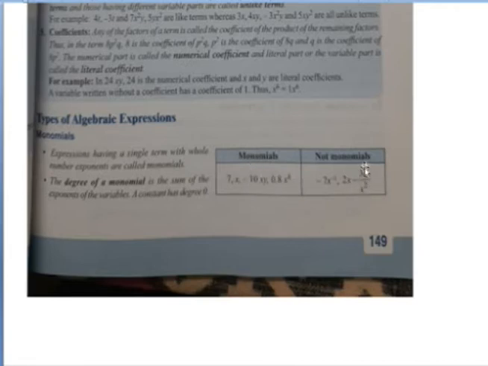But here, in this term minus 7x to the power minus 1, the power of x is negative. So first of all, this is not a polynomial. Polynomials always have positive integral powers. Okay, so this is not a polynomial. And here in this term, the power of x is negative, so it is also not a polynomial.